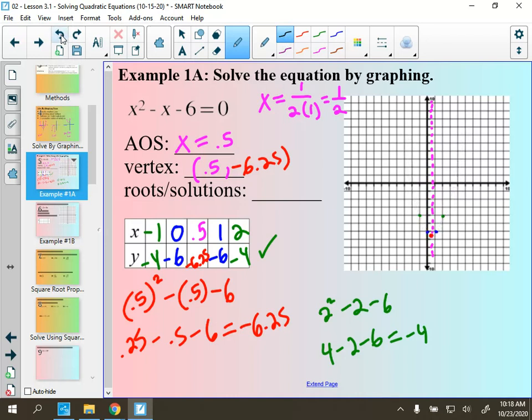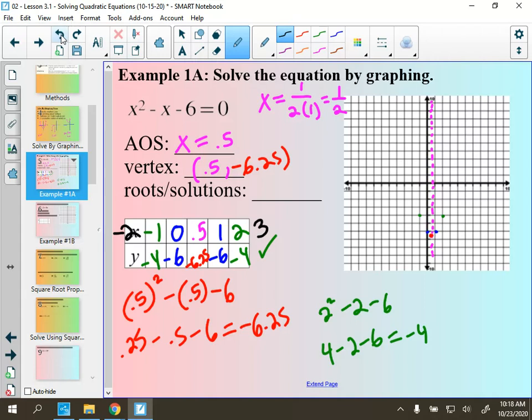And I basically have to keep extending my table a little bit. So here's where you, like I said, be strategic. If you saw that it wasn't quite getting there, we weren't going to get to the x-axis yet, you could jump up right away to maybe 3 and negative 2 and think, hey, it's probably going to be closer to there. So I'm extending my table at this point. I'm going beyond the 5 points I normally ask you to plug in.